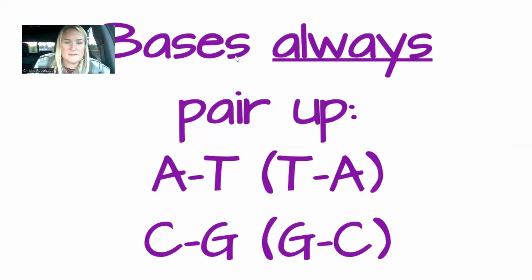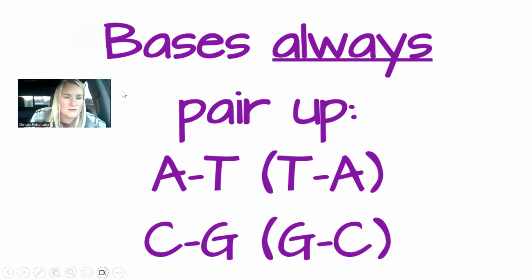So we have bases that make up part of our DNA, and these are called adenine and thymine. A always pairs up with T and T with A, and cytosine and guanine, so C and G, always pair up together. You will never see an A and C together. That would actually cause a mutation. That wouldn't even work.